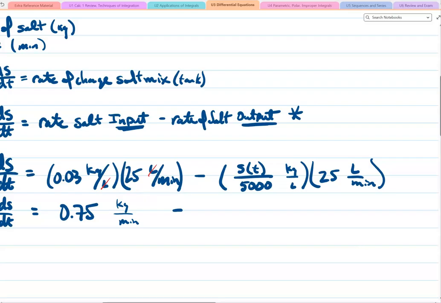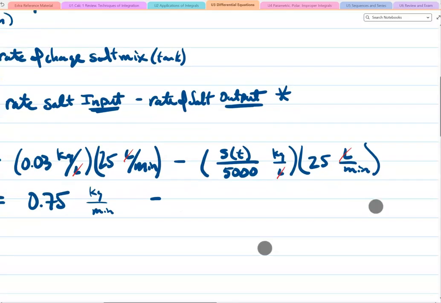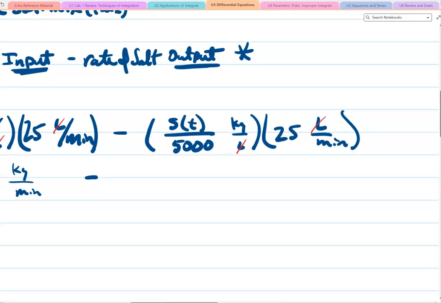We were told that. Now, if the problem was a little bit more challenging and we said that we were draining or pumping out at a different rate, then we could make that adjustment. But in this case, we were told that the amount coming in terms of volume is exactly the same as the amount going out in terms of volume. So the product here does produce our kilogram per minute unit.